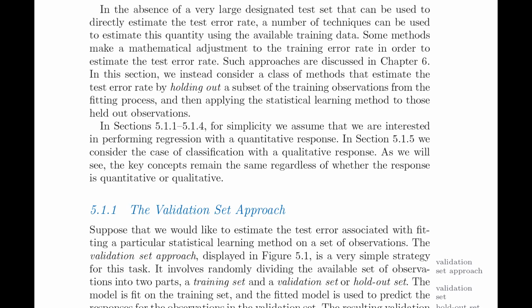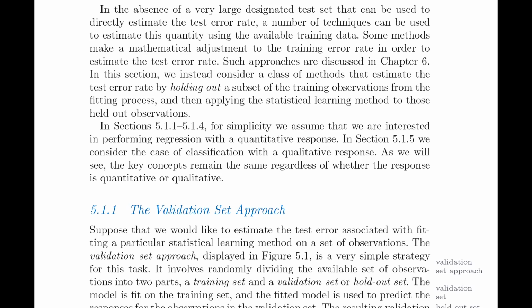Some methods make a mathematical adjustment to the training error rate in order to estimate the test error rate. So chapter 6 is taking the training error rate and maybe passing it through a formula which would then, I guess, under certain assumptions, give you an estimate of the test error rate.